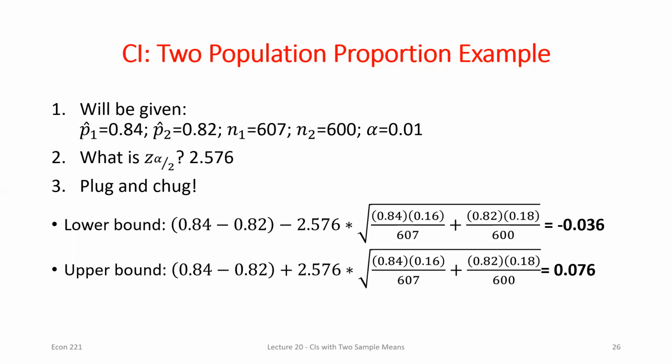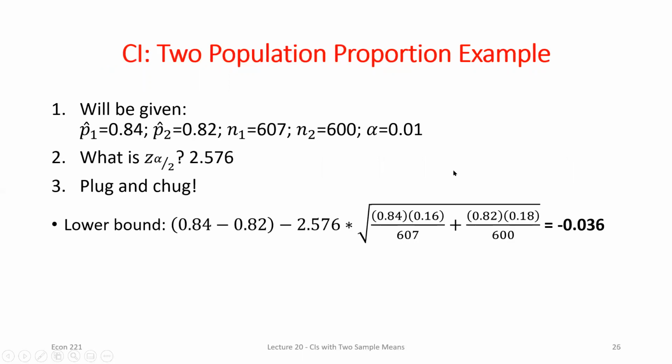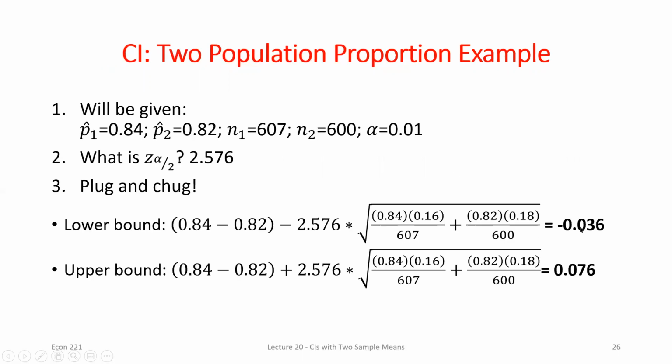All right, so if I had this confidence interval, what could I say here about the attitudes towards healthcare coverage for everyone, right? Supporting pre-existing conditions, this was not pre-existing conditions, just for everyone. What happened to the attitudes towards that idea between 2011 and 2010, if I'm looking at this confidence interval?